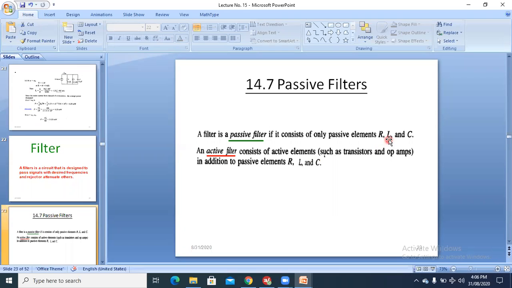Why do we choose it? Because an inductor cannot be fabricated on integrated circuits. So we avoid inductors in integrated circuits by the use of active filters with the help of transistors and op-amps.